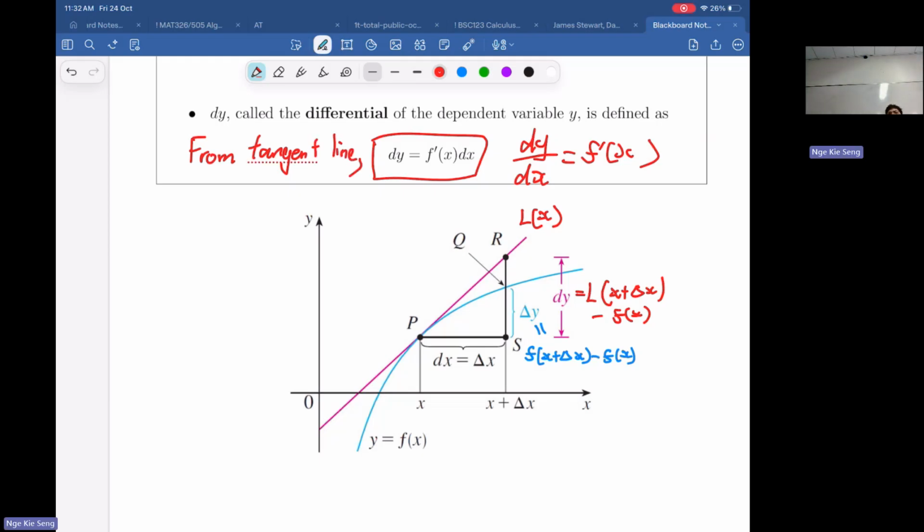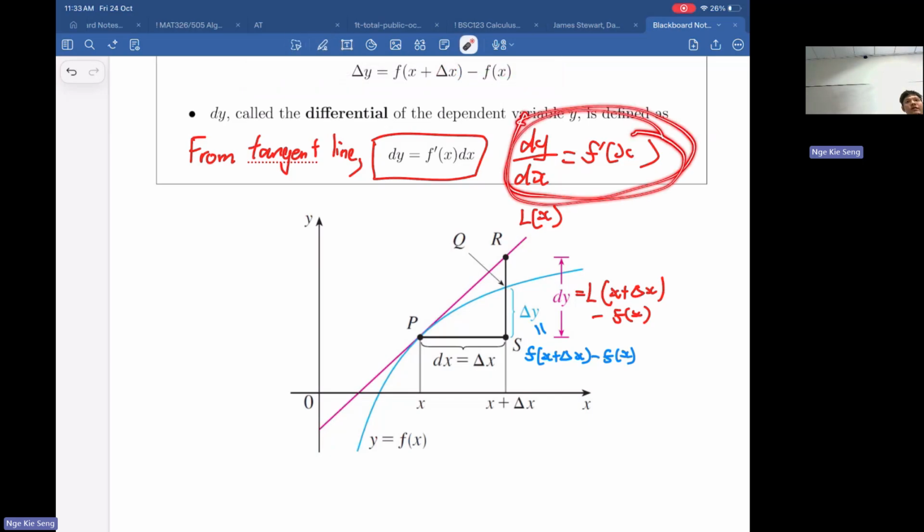So far okay or not? You need to differentiate what is dy and delta y. Delta y comes from the actual function value, but dy comes from the change with the tangent line and the original point. Can differentiate this? The nice thing about this dy over dx is you can always express dy over dx as the derivative.